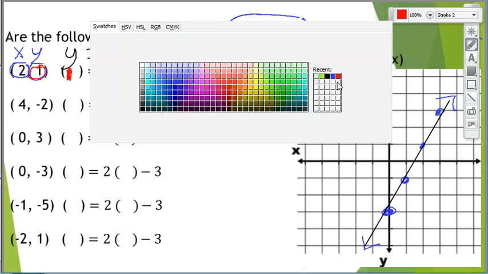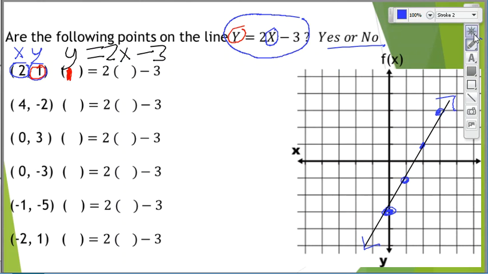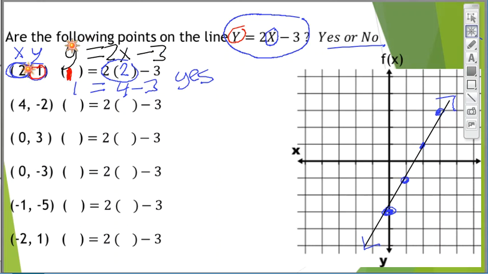Instead of the x in our equation, so you can see here's the x in our equation, we have 2 times x minus 3, we are going to plug in 2. And now we just need to simplify this. 2 times 2 is 4. 4 minus 3 is equal to 1. So we would say yes. This point is on this line.